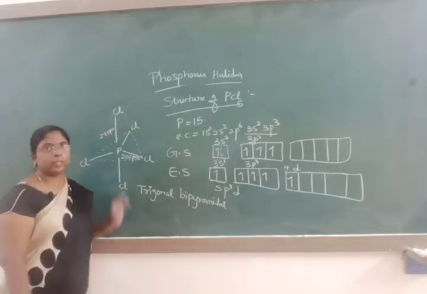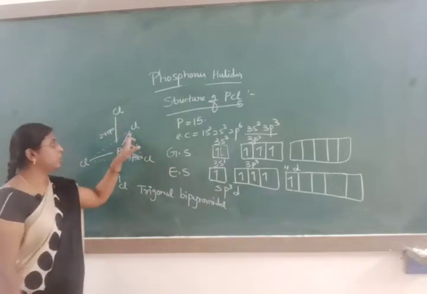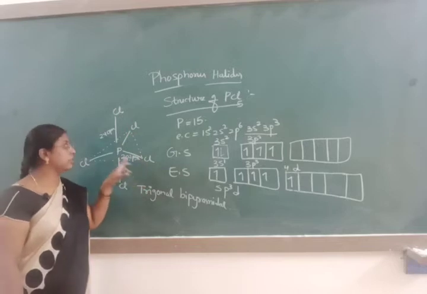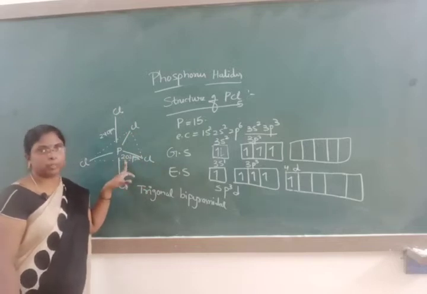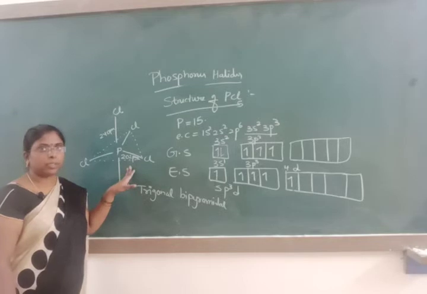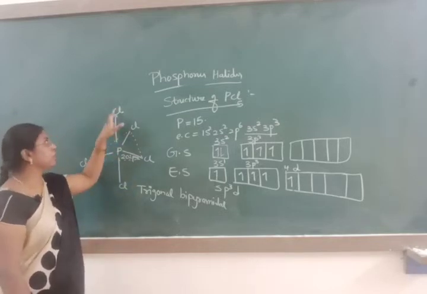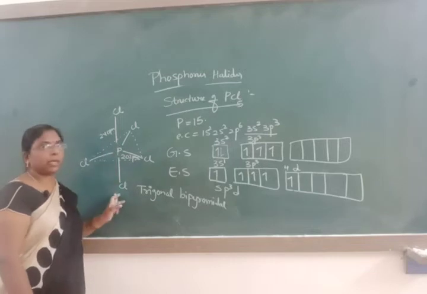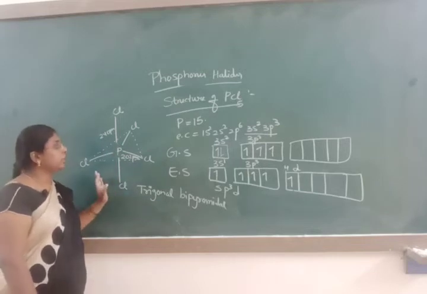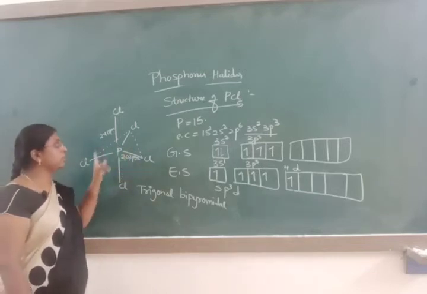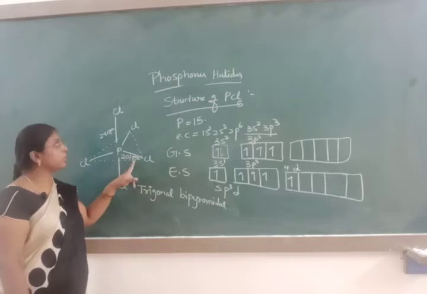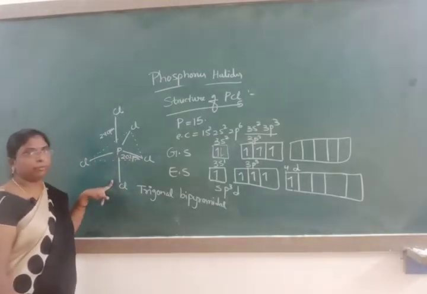PCl5 has 3 equal bonds of 202 picometer. 3 same bonds are there in the equatorial position and the other 2 are different, that is, the 2 axial bonds. Here, only 3 P-Cl bonds are 202 picometer, while the axial bonds are 240 picometer.